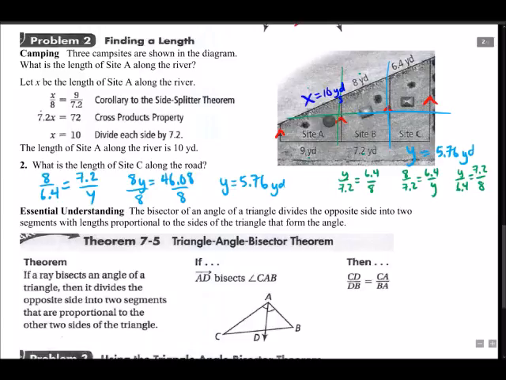Put y on the top, 6.4 on the bottom, so it'd be 7.2 on top, 8 on the bottom. But look at all of these. When I do my cross multiplying, I'm still multiplying y times 8 and 7.2 times 6.4. Proportions are awesome. Okay, that was a good problem.